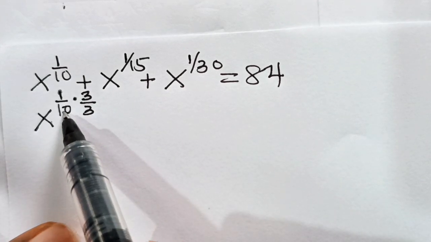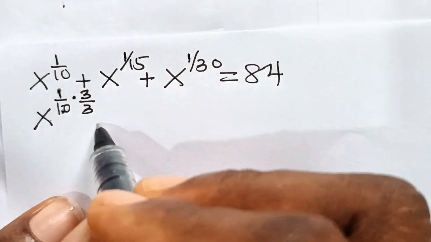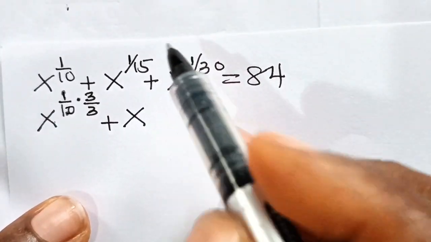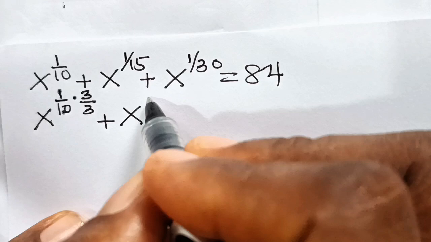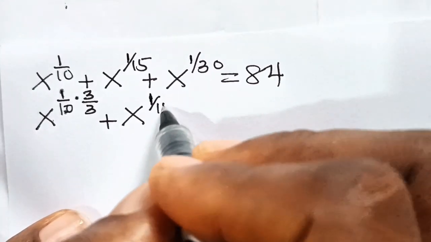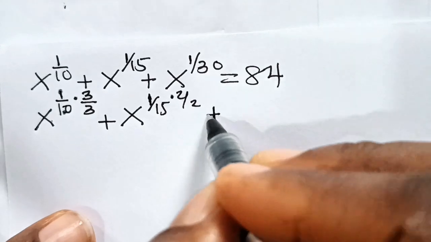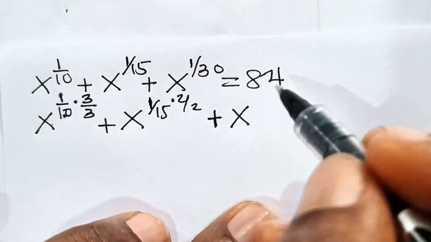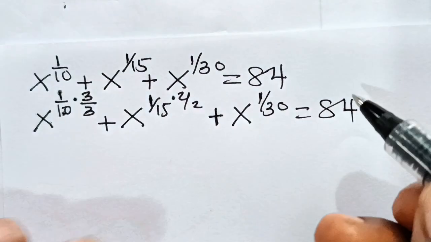Because I want this denominator to be 30 as well. So 3 times 10 will give me 30. Plus x, now I want this one to be 30, so it's going to be 15 times 2. So it's going to be 1 over 15 multiplied by 2 over 2. Then plus x to the power of 1 over 30, which is already 30, is equal to 84.